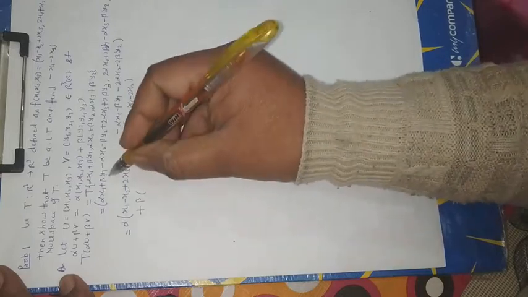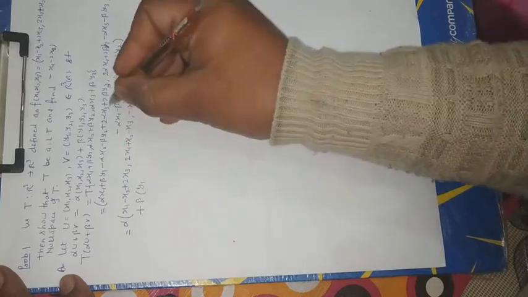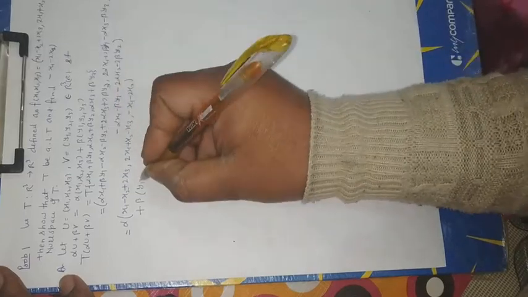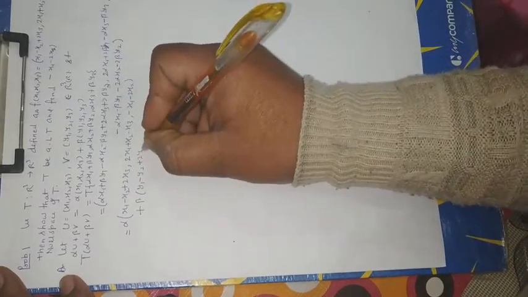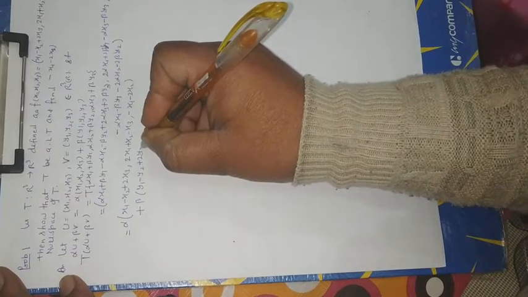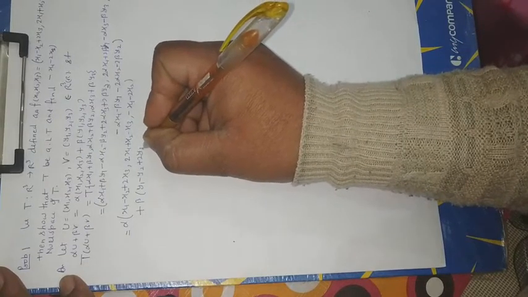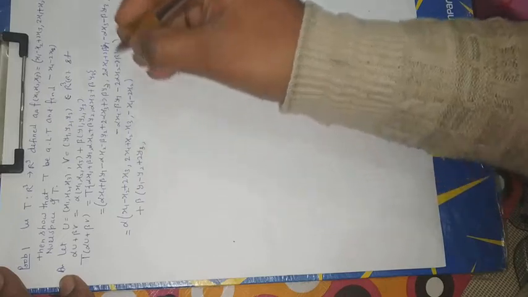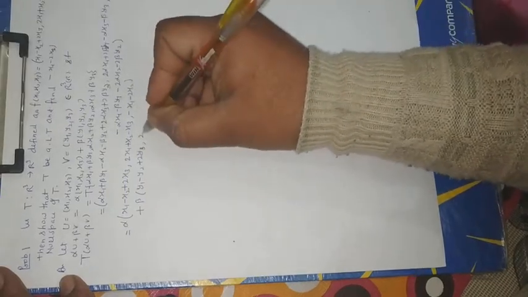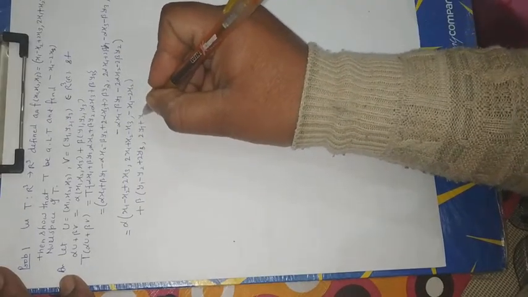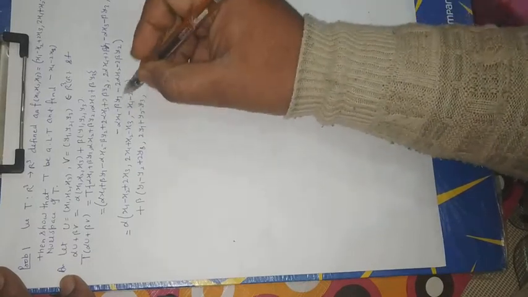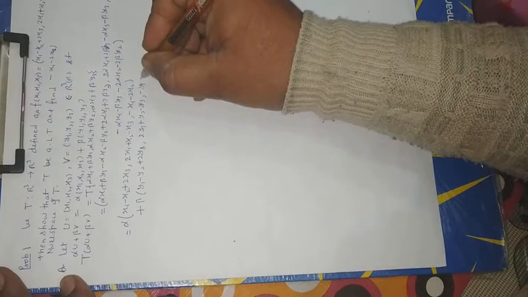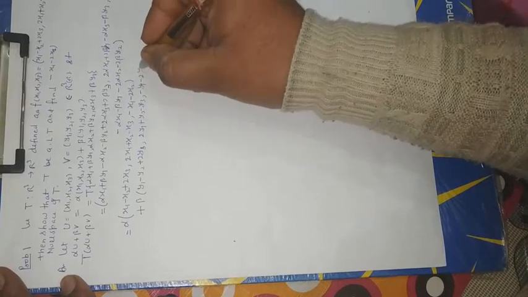Similarly, beta times (y1 minus y2 plus 2y3, this is the first term. Now second term is equal to 2y1 plus y2 minus y3. In last term, minus y1 minus 2y2). Okay.